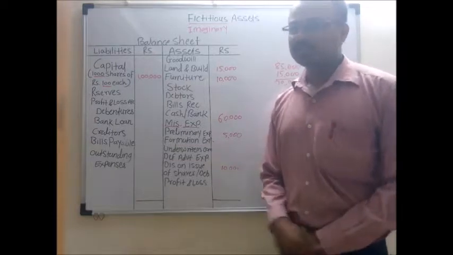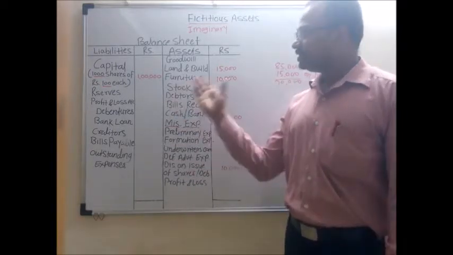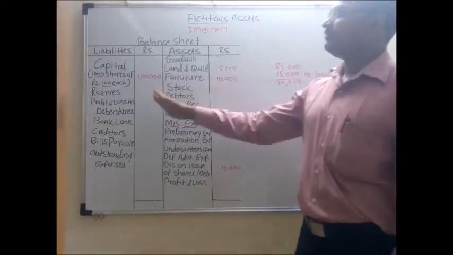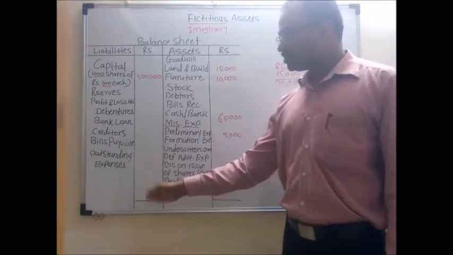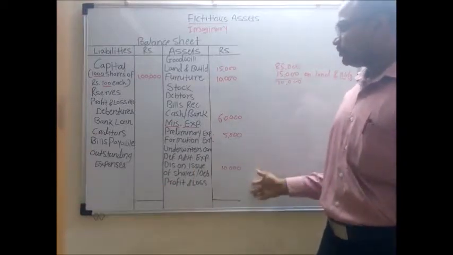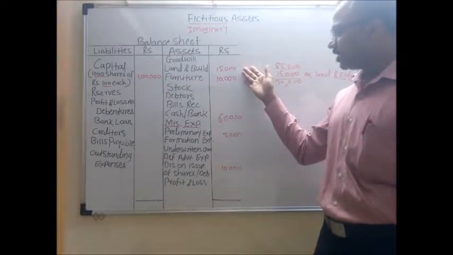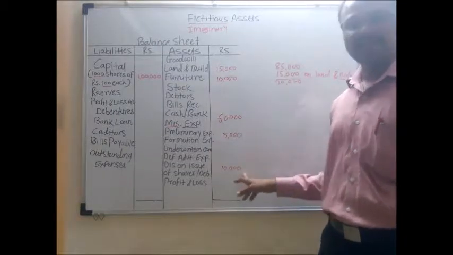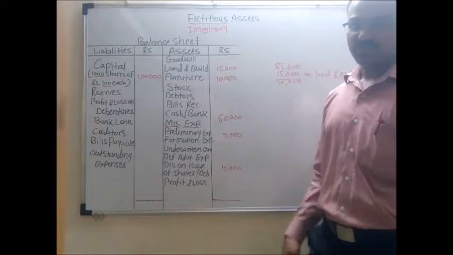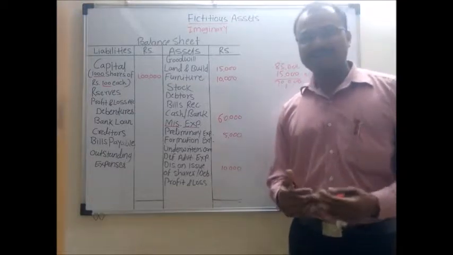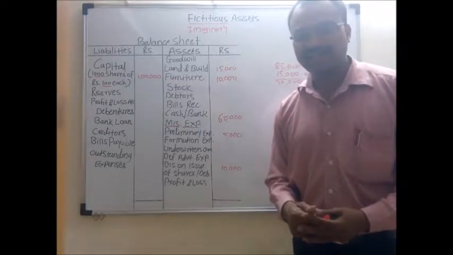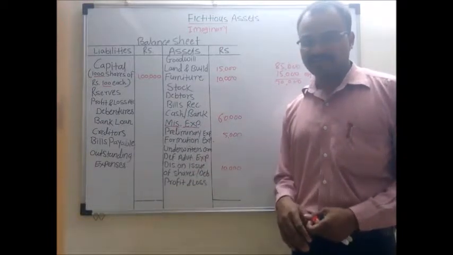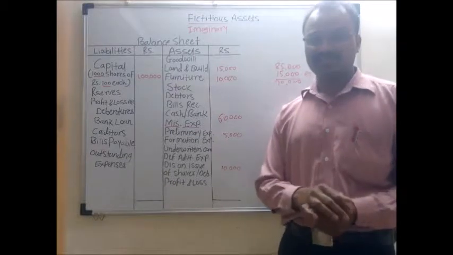At this stage, if you see the financial position of the business, you will notice that the business has liabilities of rupees 1 lakh and assets of rupees 1 lakh, that is 10 plus 15, 25 plus 5, 30, 30 plus 60, 90, 90 plus 10, 1 lakh rupees. I am explaining how various assets get created, and along with this how fictitious assets get created and why they are known as fictitious assets.